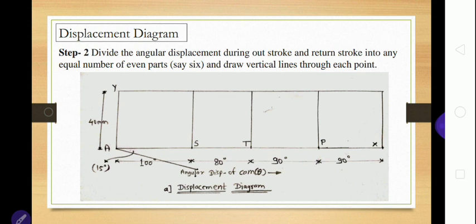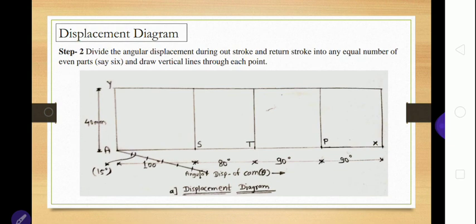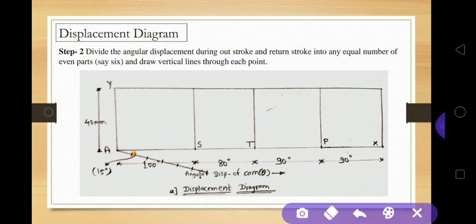Draw one line, and divide this line into 6 equal parts, each spaced by 1 centimeter. So we plot 1 centimeter distances with the help of scale. We have divided this line into 6 equal parts, 1 centimeter each.